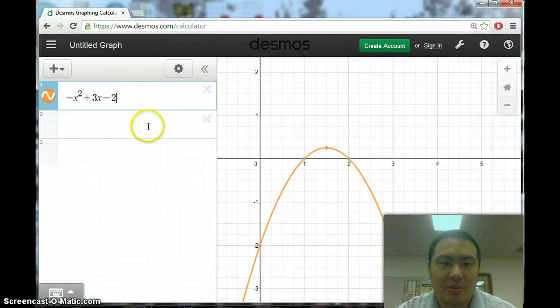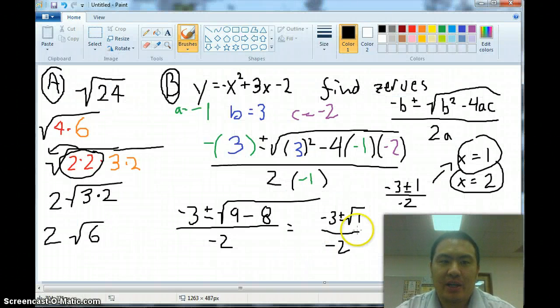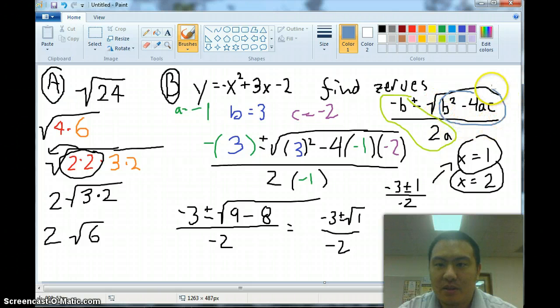And one more thing I want to say is that if you look at the quadratic formula, you have 2 parts to it. You have this part right here, minus b over 2a, and then you have this other part right here, which is the discriminant that is square rooted.